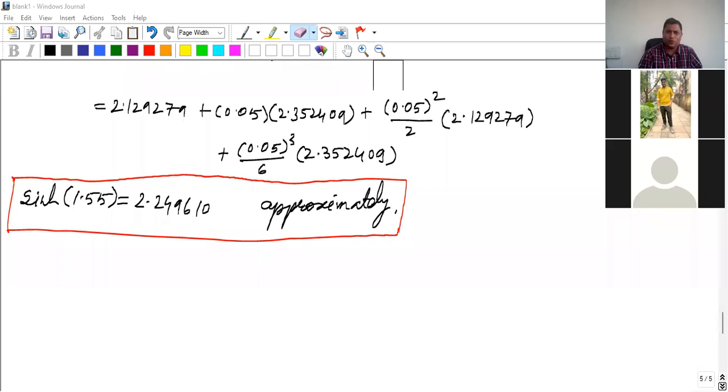2.2497 is also a good approximation, no problem. If you take more terms, you will get more correct. I have given you the correct value also, and what we have approximated is also very good. Is there any doubt in this example now?